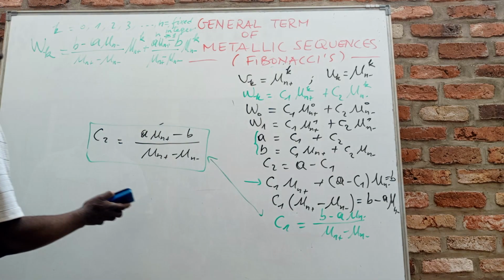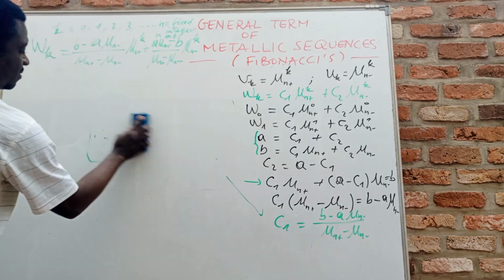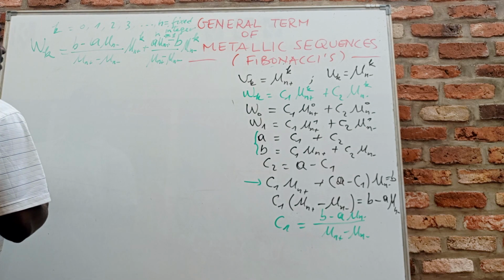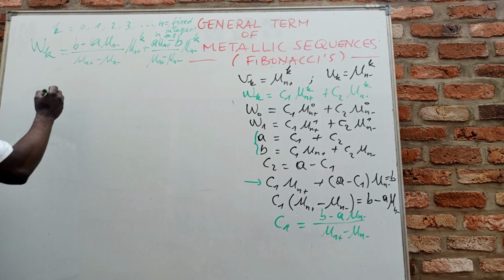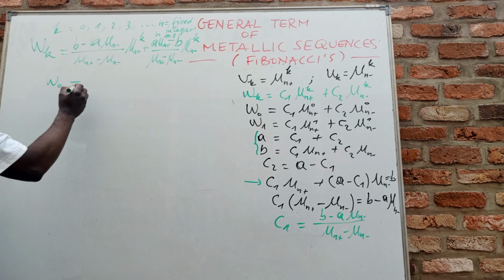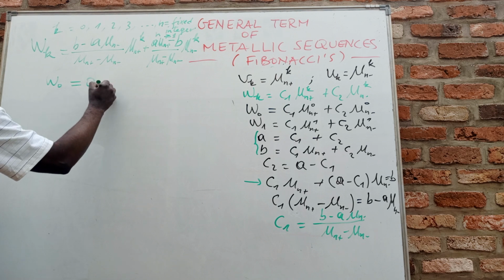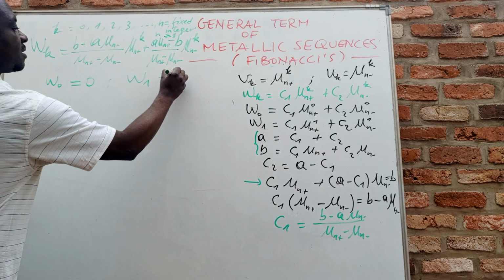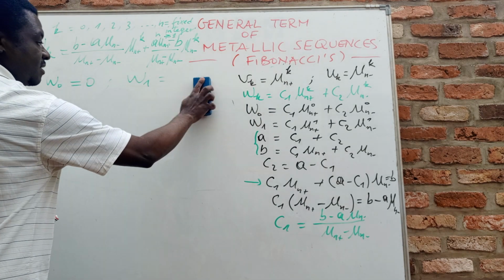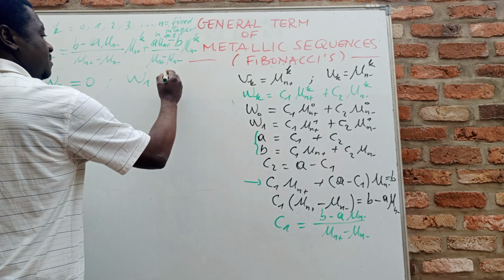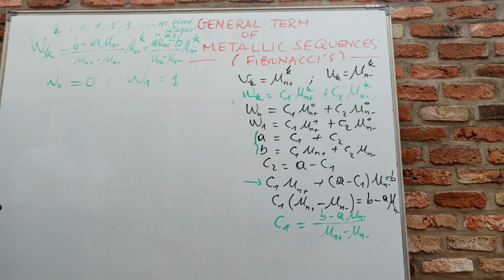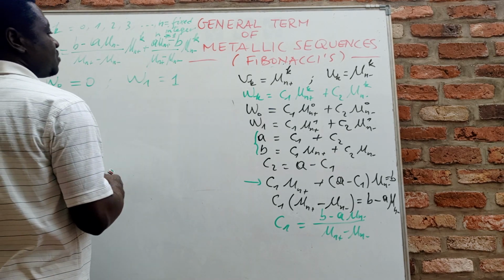Okay, let us see what it looks like if we set the condition like for Fibonacci: W_k with k equals 0 is 0, and the condition W_1 equal to 1. So here W_1 is equal to 1, and this is to be read with n equal to 1.